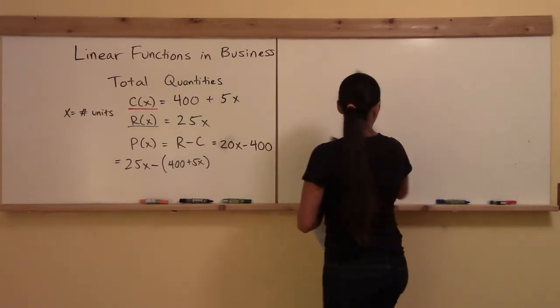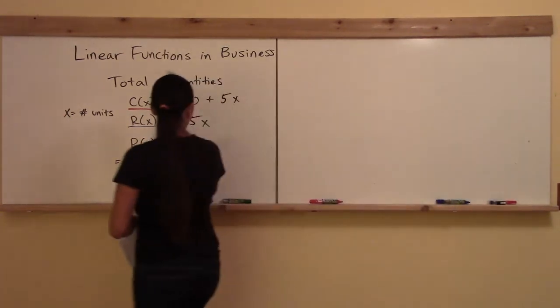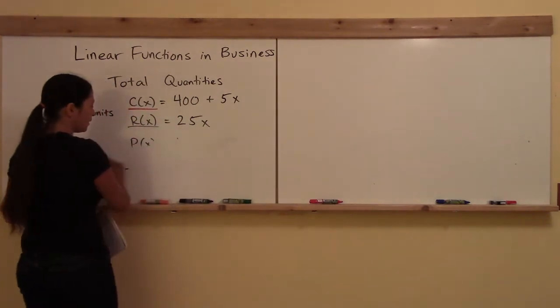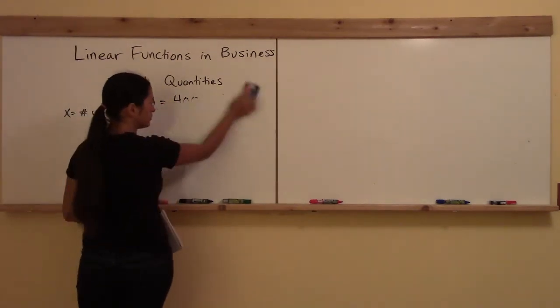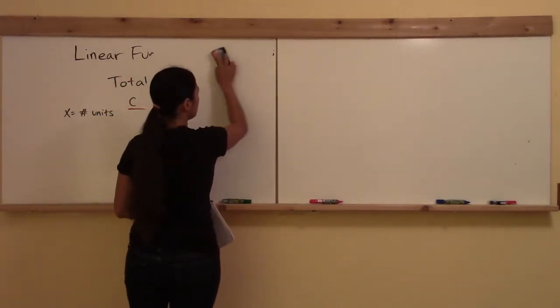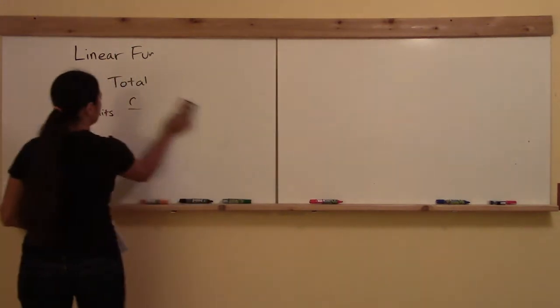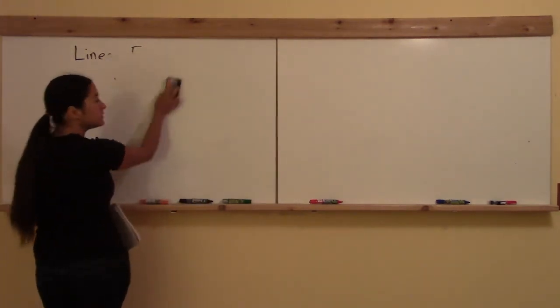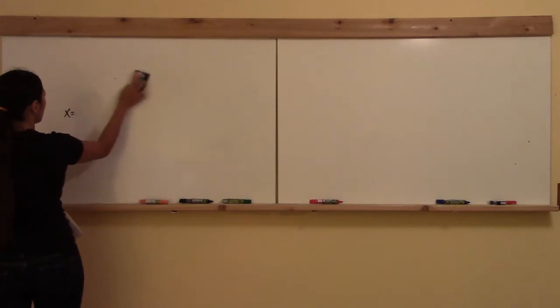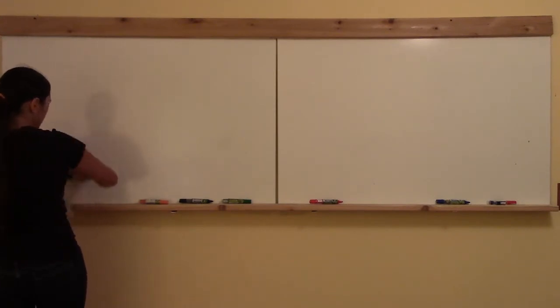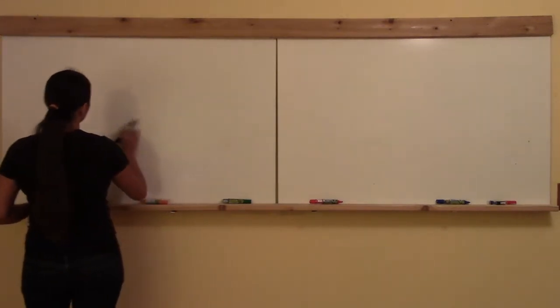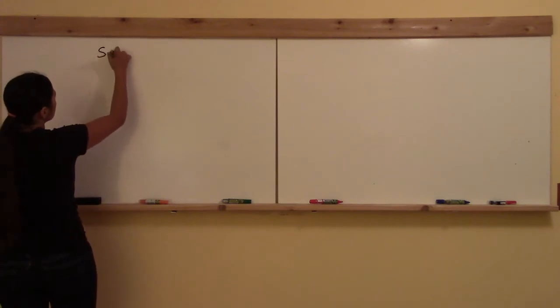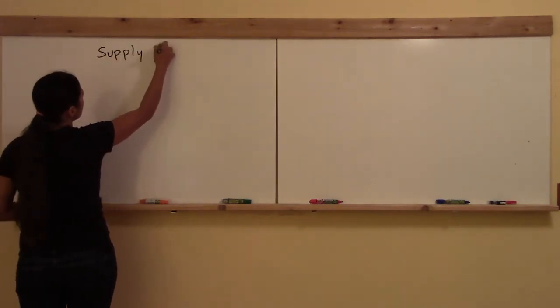And how do we know what we should set our price at? There's this whole other theory, maybe you guys have heard of it before, called the theory of supply and demand. Have you ever heard of that? Maybe in a class on economics or something like that. So now we're going to look at how linear functions show up in the theory of supply and demand.